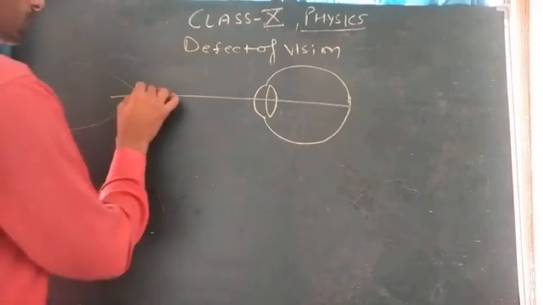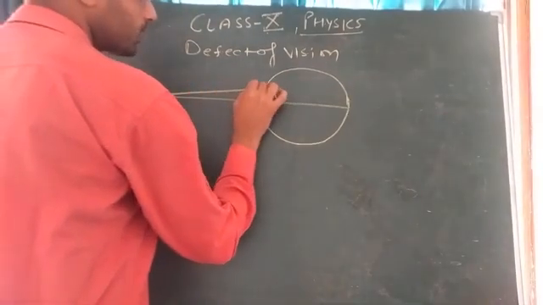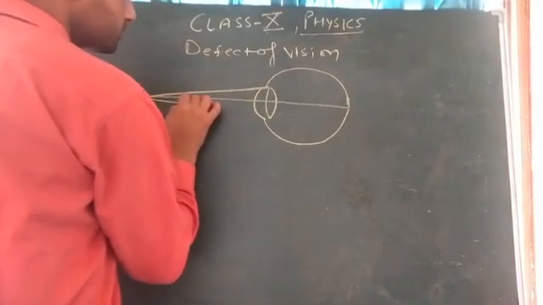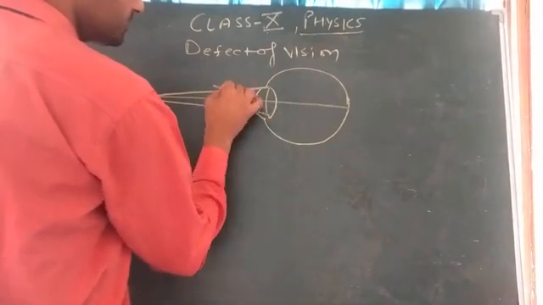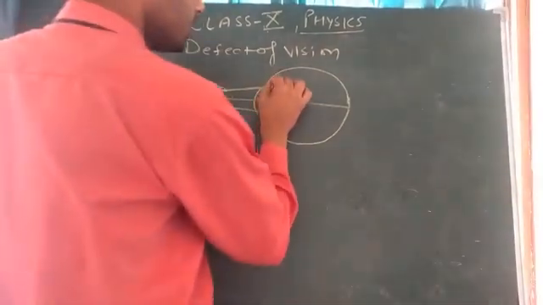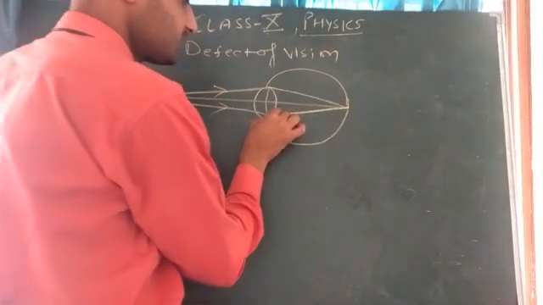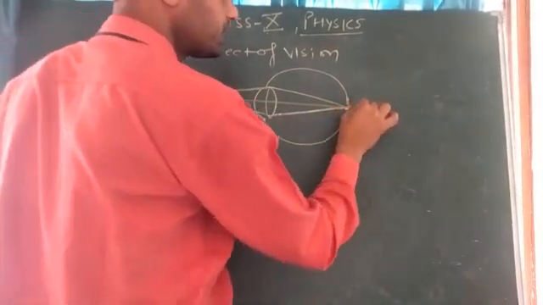It means if this is the object, the rays of light start from the object and all rays converge on the retina.